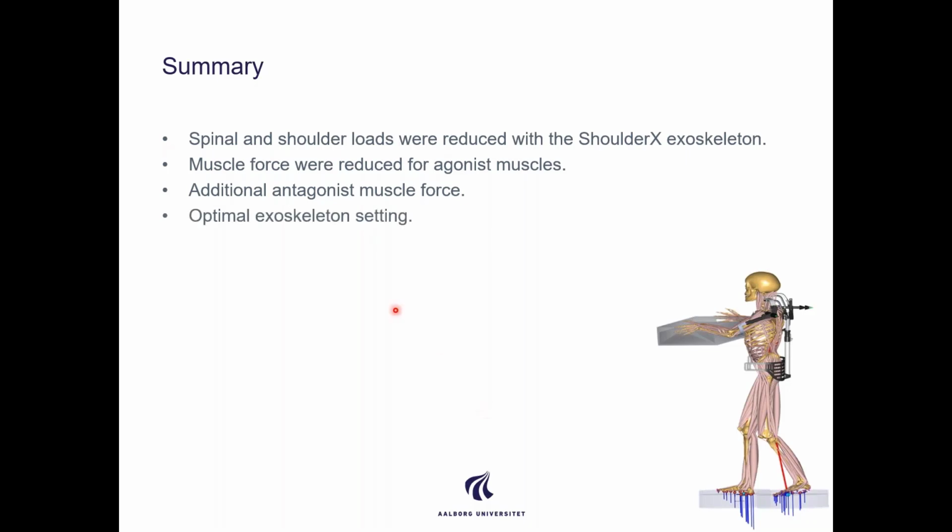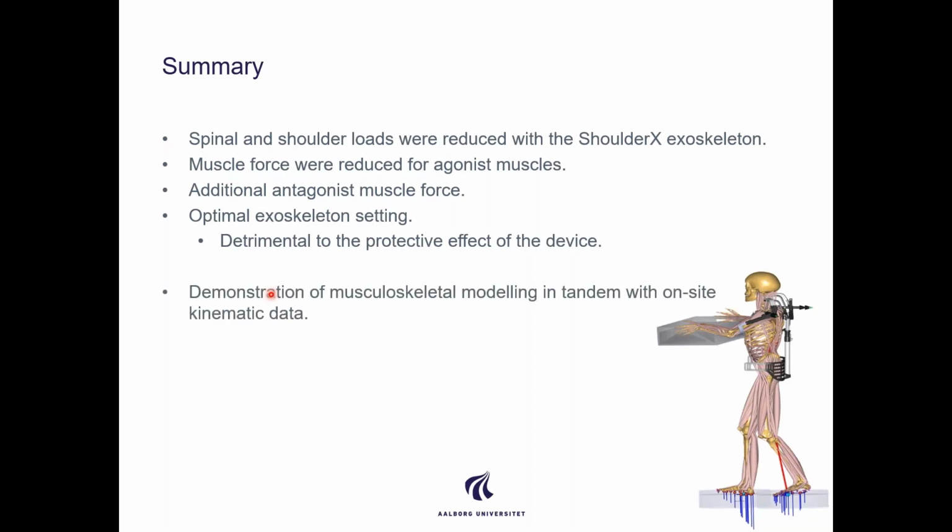And we saw that the optimal exoskeleton setting was quite crucial, because if we did not choose a correct setting, we might actually lose this beneficial effect of the device. So this is something you need to be very aware of when you're using exoskeletons for alleviation of strains for your workers.